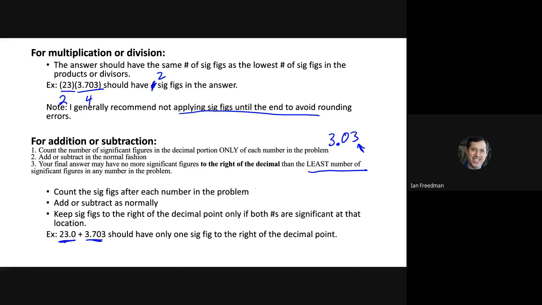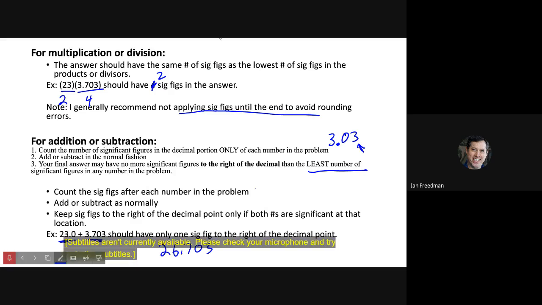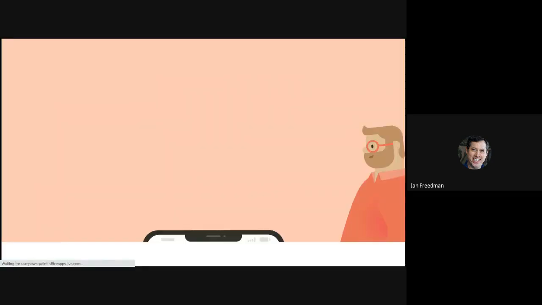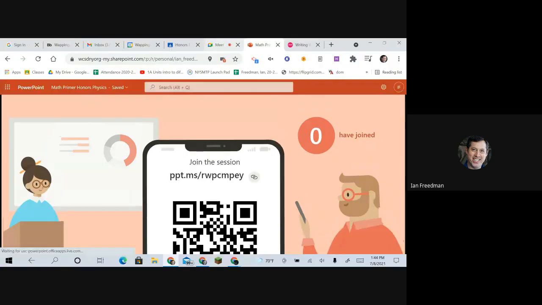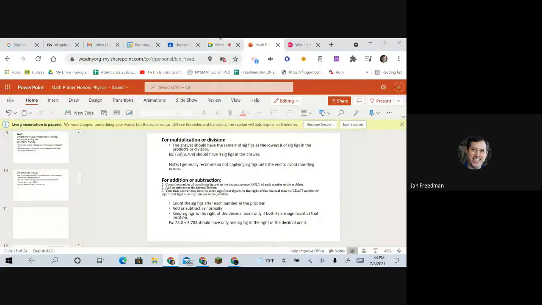Now, if we add them together, you get 26.703, but your answer really should only be significant to the tenths place. So let's ignore the 03.